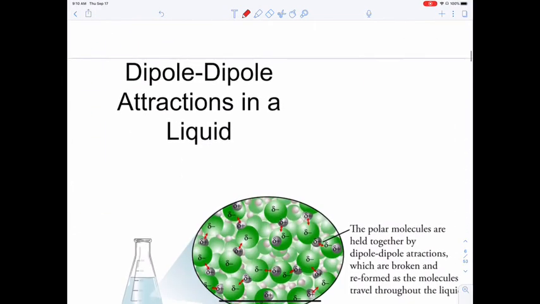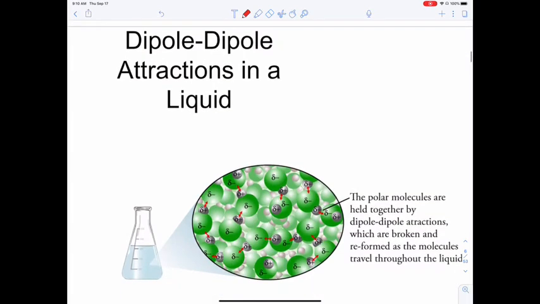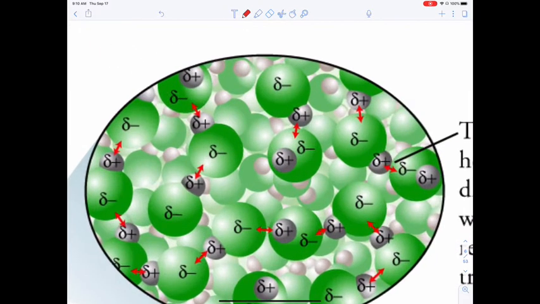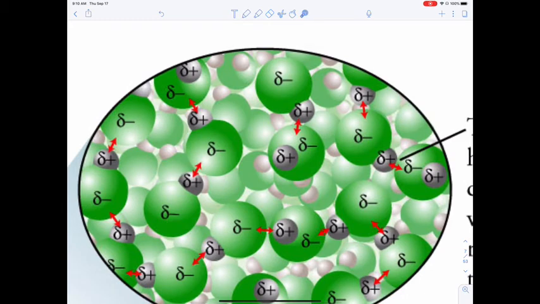And just so you know, when you look at a liquid, between molecules in a liquid, in this case water molecules, there's a positive end and there's a negative end. For example, in the water molecule, this would be oxygen and this would be hydrogen.